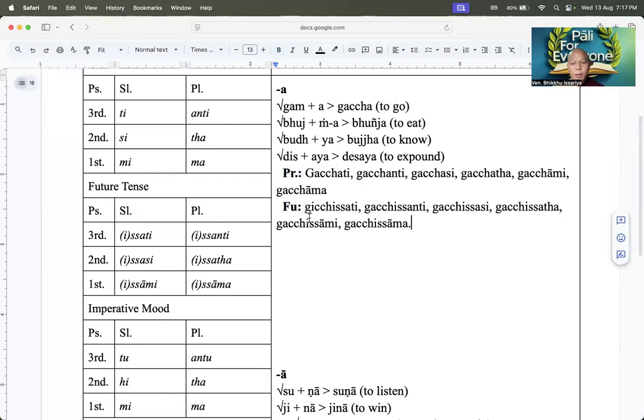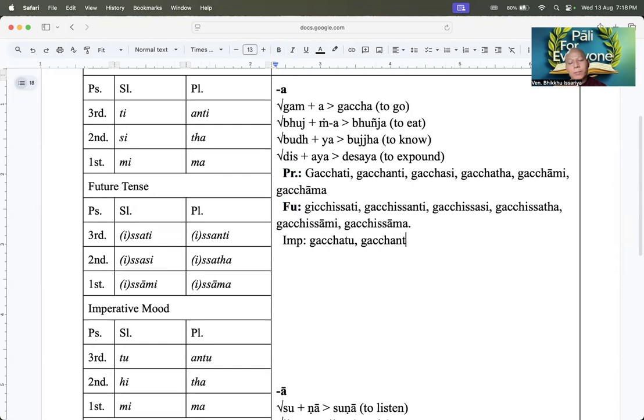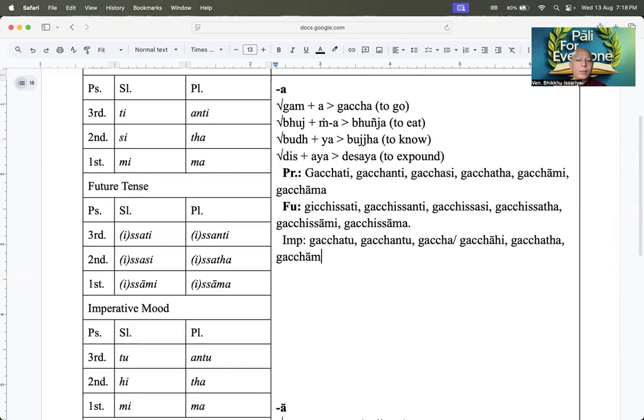And also for the imperative, like gacchatu, gacchantu, and gaccha, gacchahi, gacchatha, and then gacchami, and then gacchama in this way.